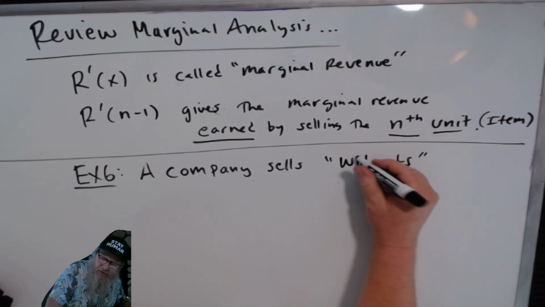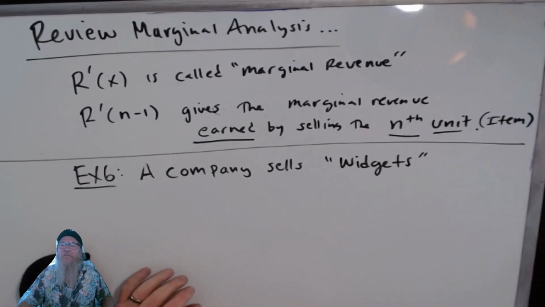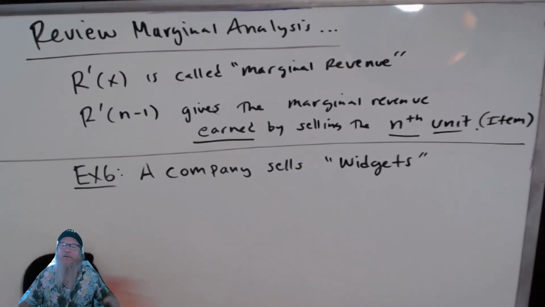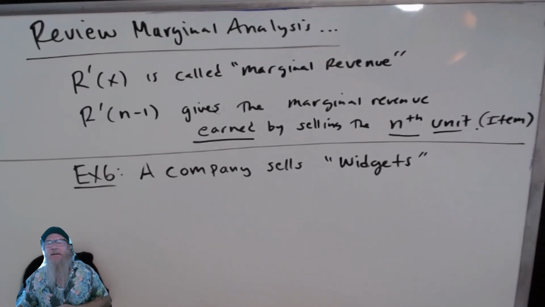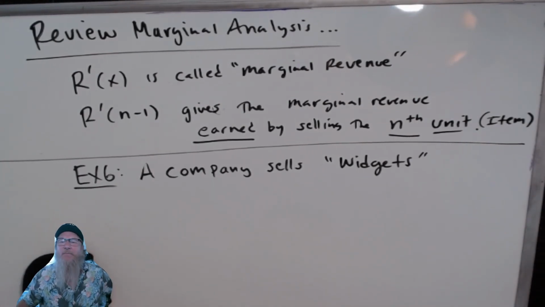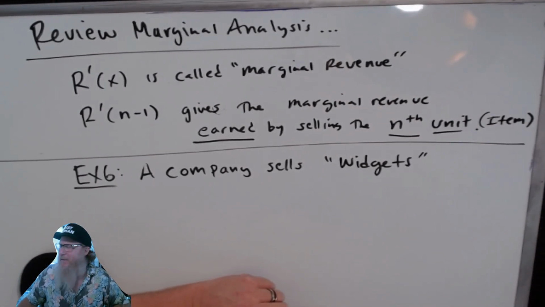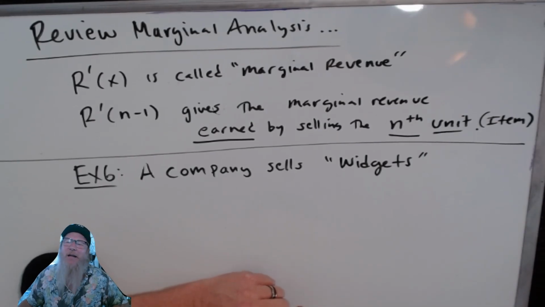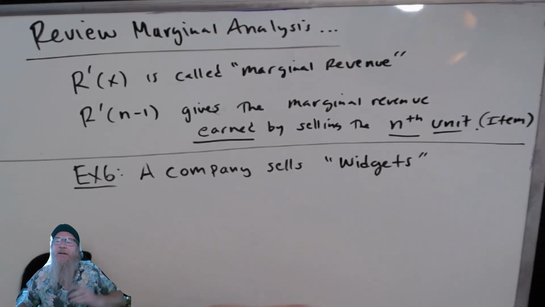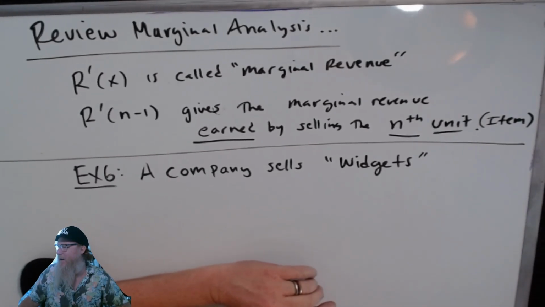I resist actually using real things, but sometimes it just gets boring to always sell abstract things. So you might be doing your homework and I might have a random object that I've selected. I just don't feel like picking one today. So I'm just going to call it widgets. You can apply it to any of the problems that ask about revenue.